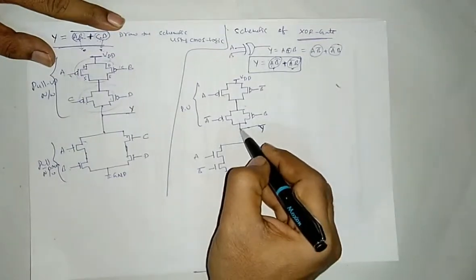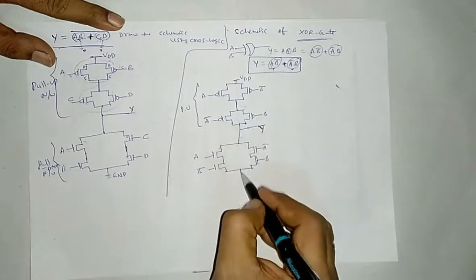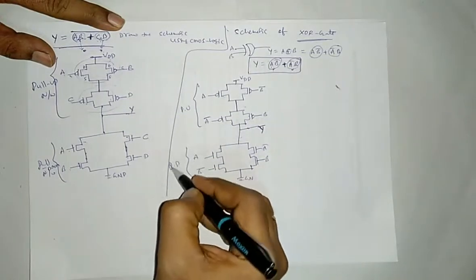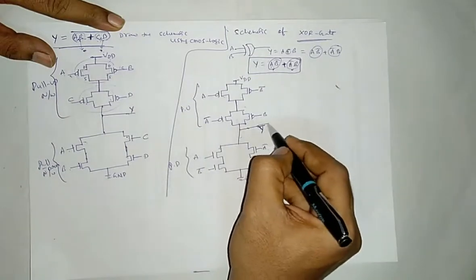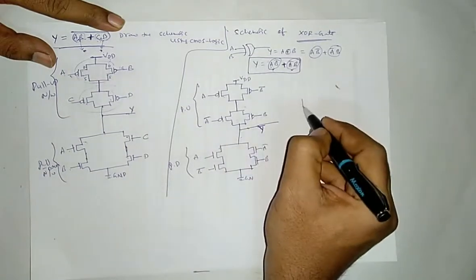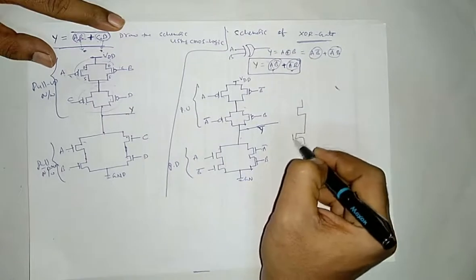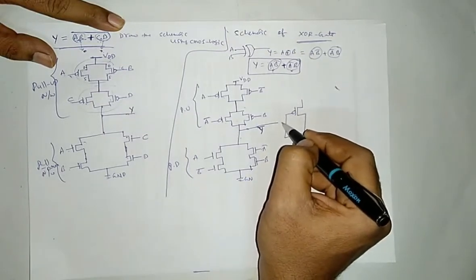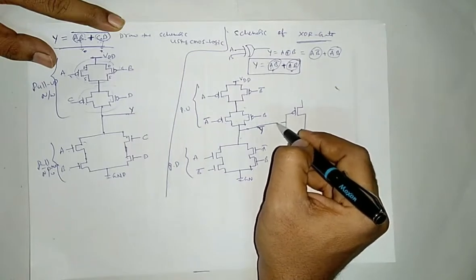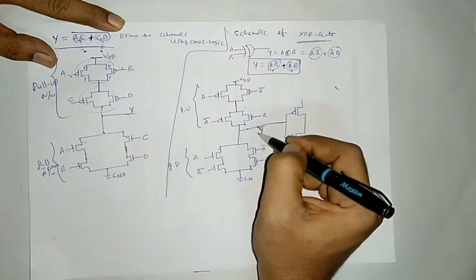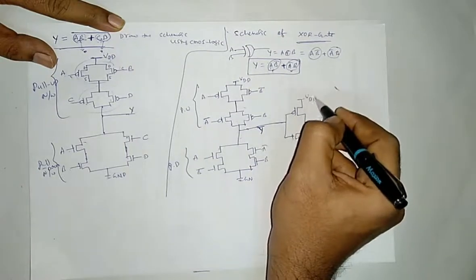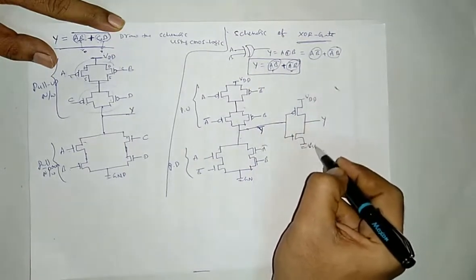Now this pull down network is connected between output and ground. Here you are getting a complemented output, that's why you should use an inverter, a CMOS inverter. For this input you should apply the output of the previous stage. Here you will get Y. Here it is VDD and here it is ground.